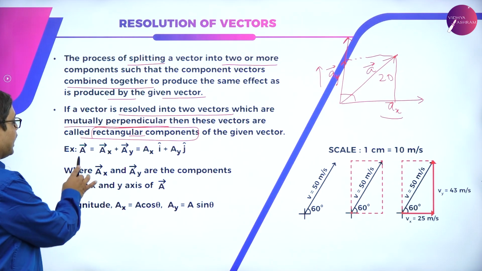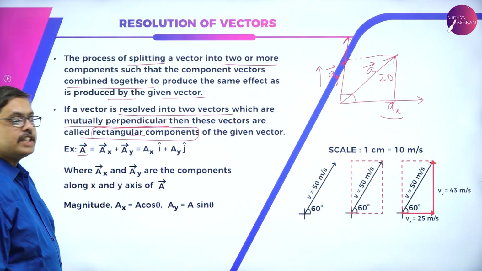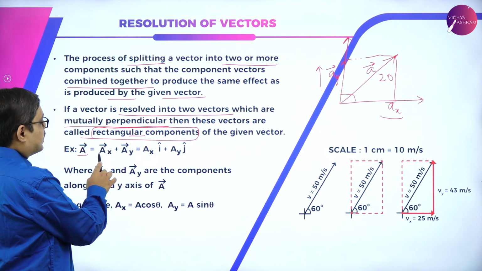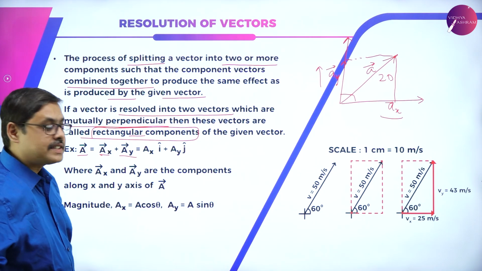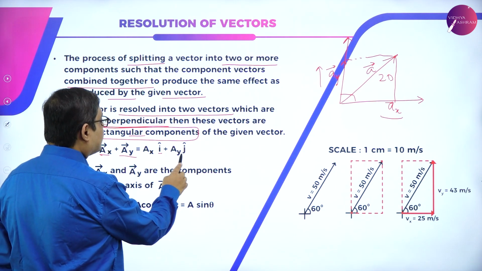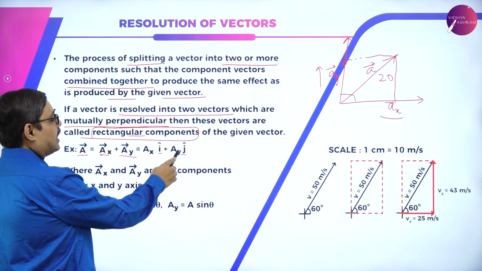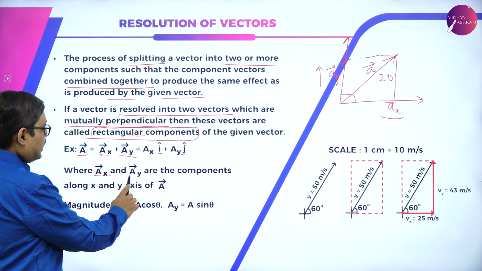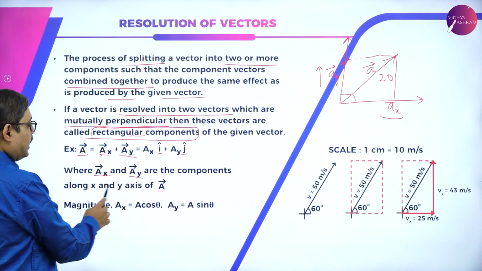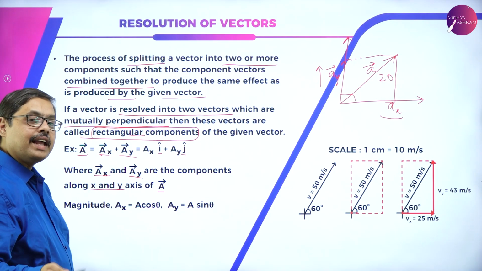What is the example? I have got a vector A. How do I split it? In the x direction it is AX, in the y direction it is AY. If I want to express that in terms of unit vectors, I will write it as AX i cap and AY j cap, where vectors AX and AY are the components of vector A along the x and y axis.